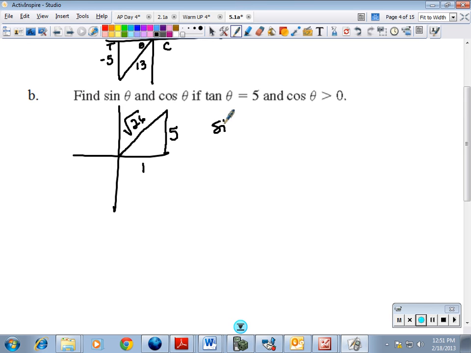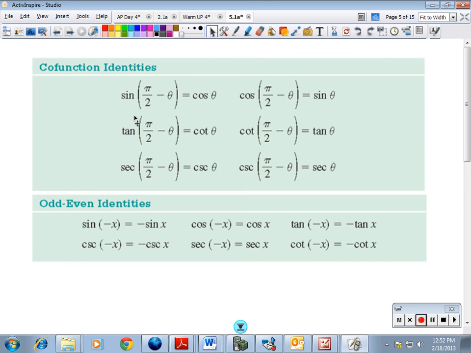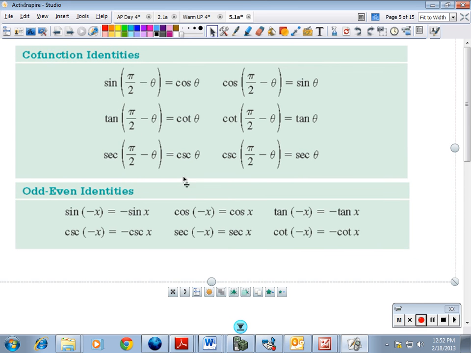So sine is going to be 5 over the square root of 26, or sometimes we write it as 5 square root of 26 over 26. And cosine is going to be 1 over the square root of 26, or square root of 26 over 26.